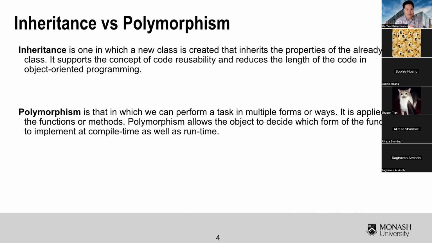Inheritance is the situation when you want to inherit the properties of the existing class, but polymorphism is the situation when you want to create multiple classes that perform in different ways. The same object can have different operations as well. So polymorphism allows the object to decide which form of the function to implement at compile time as well as the runtime. It can have multiple functions and methods.